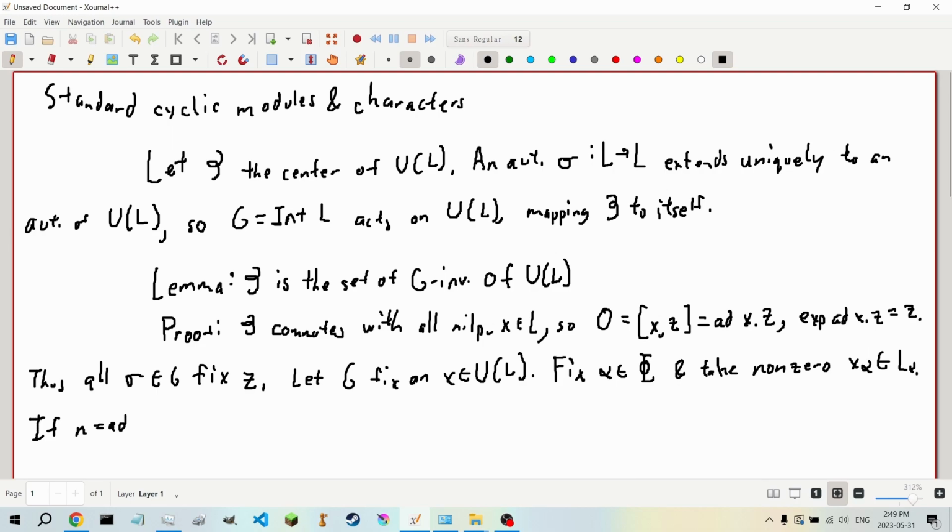Let n be the adjoint of x alpha. Well, suppose we have t such that the tth power of n is non-zero and the t plus 1 power is 0. So it's the largest non-zero power of our nilpotent n.